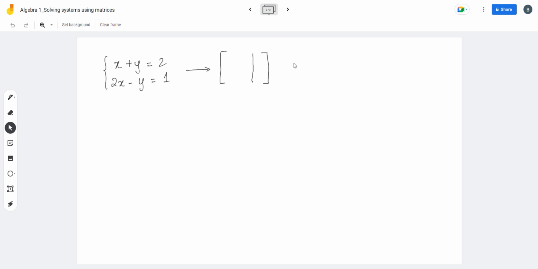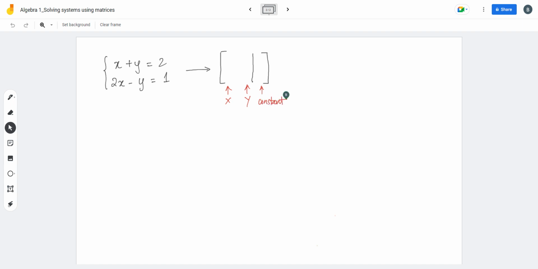So when you transfer this into the row and column format, each column will represent a variable. This column here will represent the x variable, this column here will represent the y variable, and this one here will represent the constant.